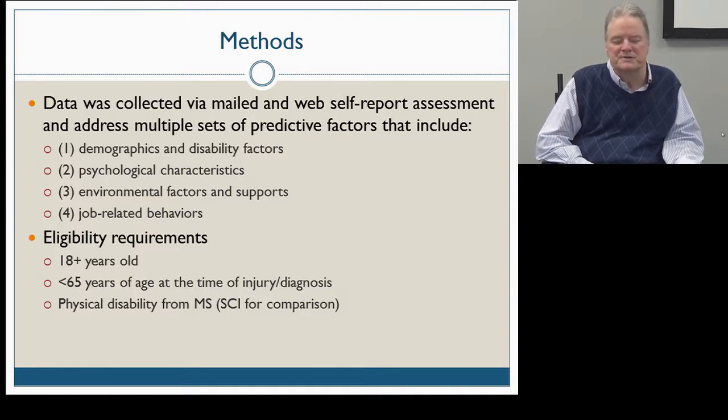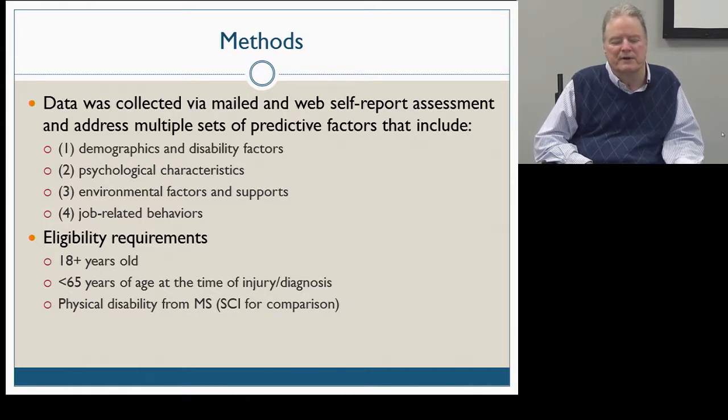All the participants were at least 18 years old, less than 65 at the time of their diagnoses. So if this were spinal cord injury, it would be by injury date, but here it's by MS diagnosis. It's a little more difficult with MS because individuals are not necessarily diagnosed at the time the symptoms start.